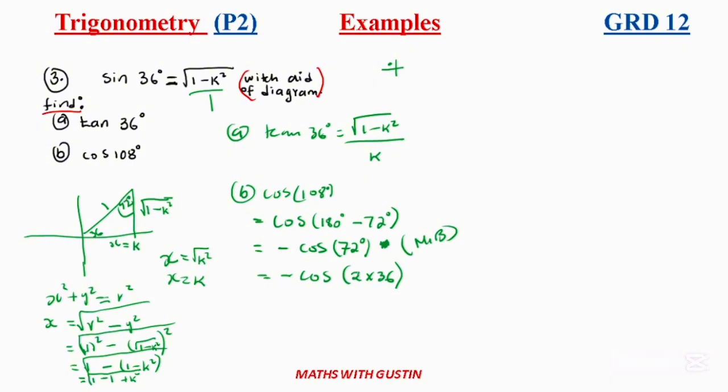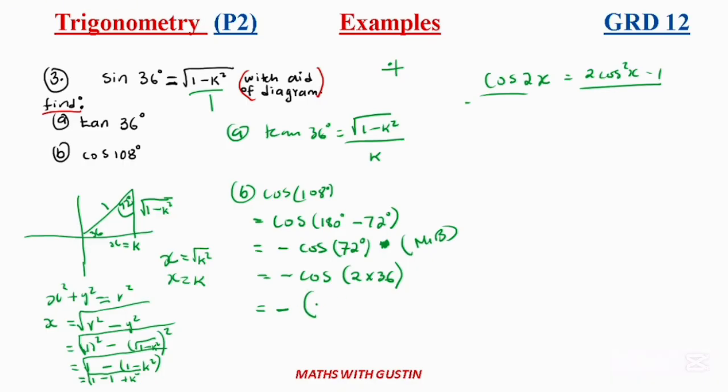So me already here, I can see that this looks like this identity that we used earlier, which is equal to 2 cos squared x minus 1. Okay, so I'm going to go ahead and use this identity here. I already have a negative 2 there, so I must be careful not to throw this negative away.